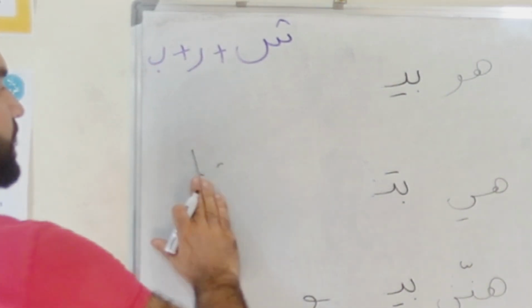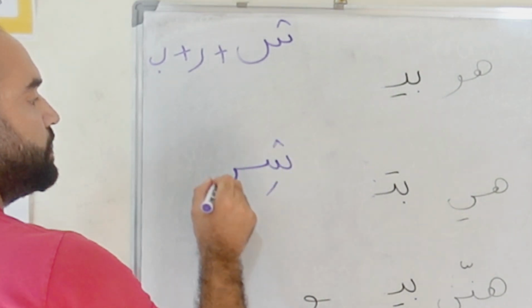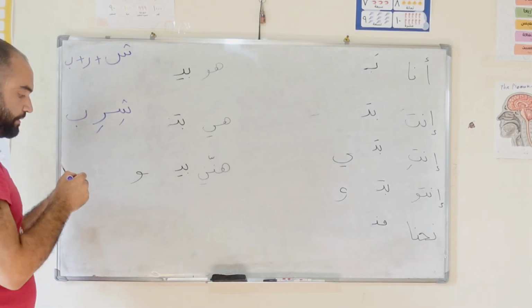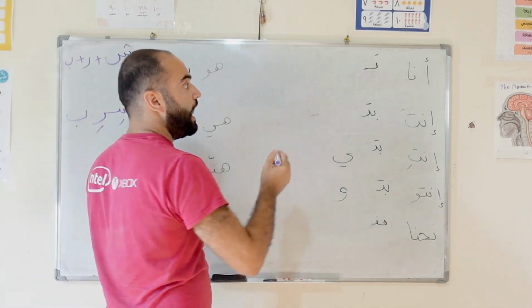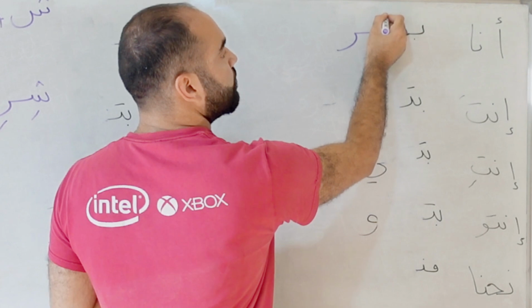Okay, so let's take to drink. شرب يعني he drank, شرب. So this is the root of the verb. And أنا بشرب.